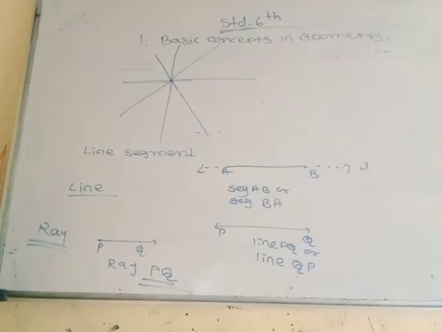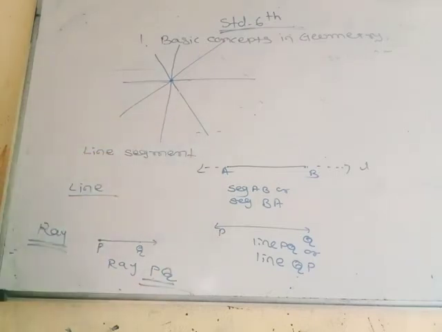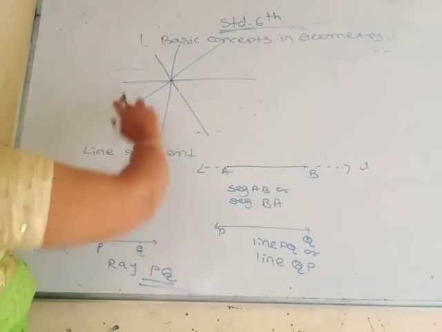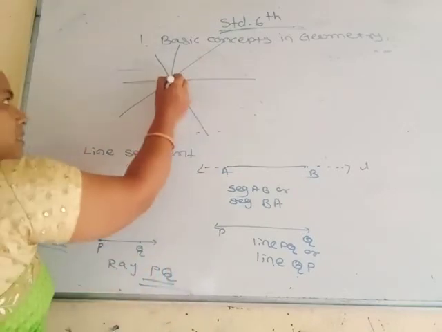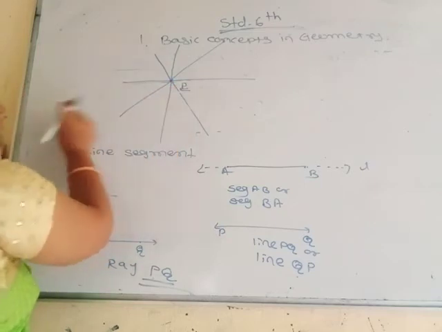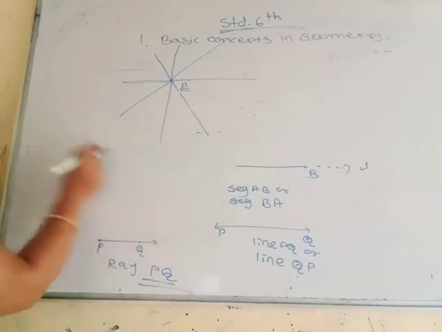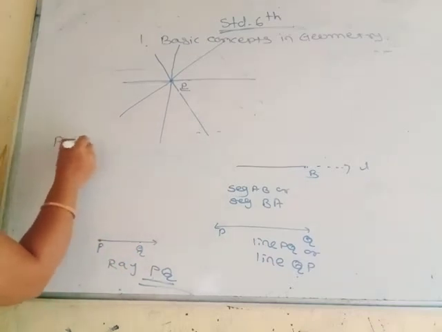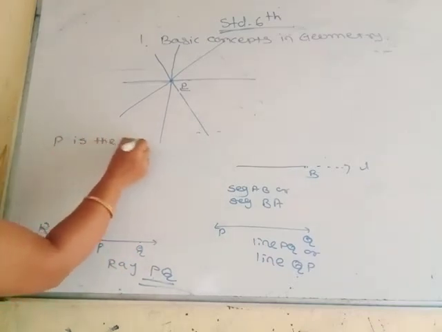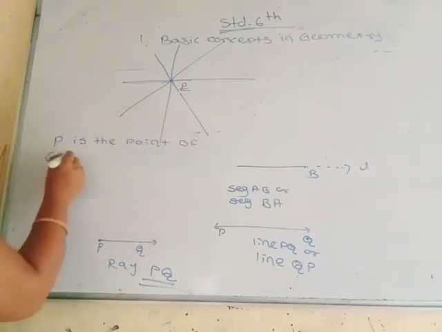Do the above activity in your notebook using a ruler. Draw many lines. These lines are concurrent, and P is the point of concurrence.